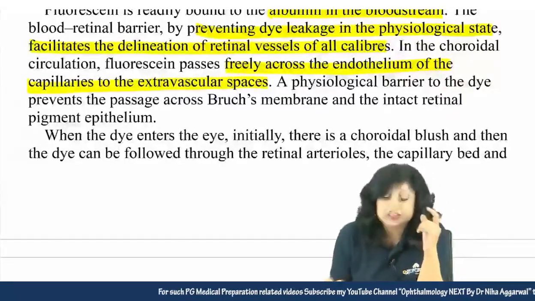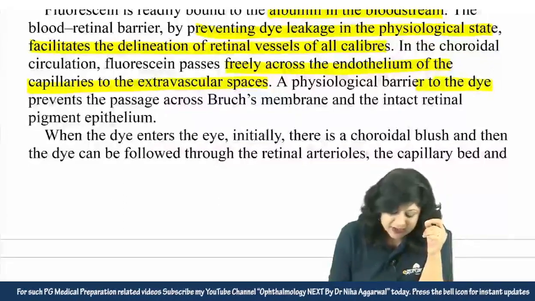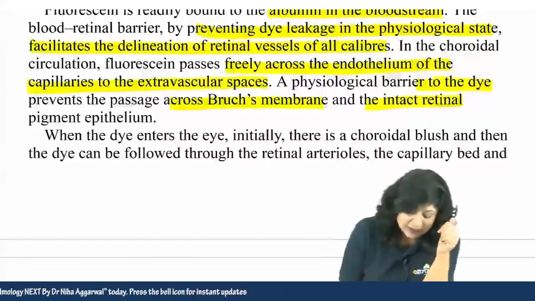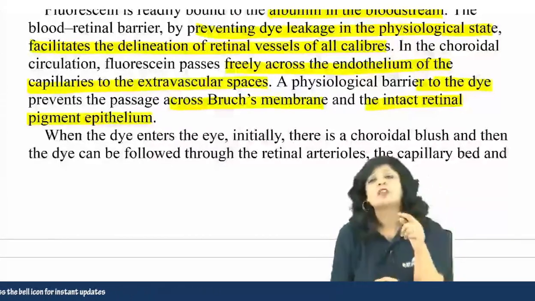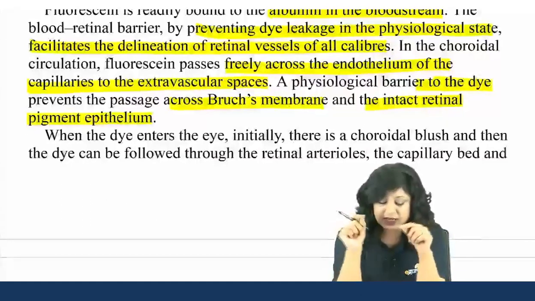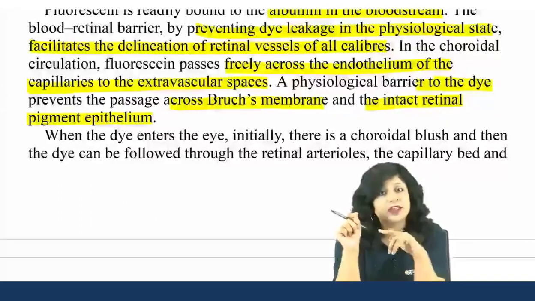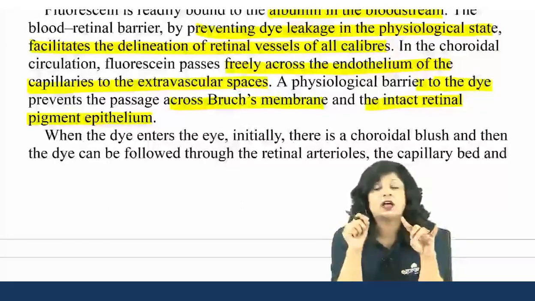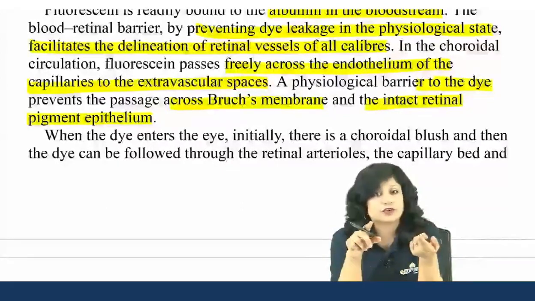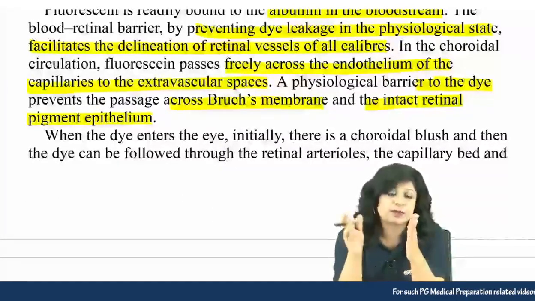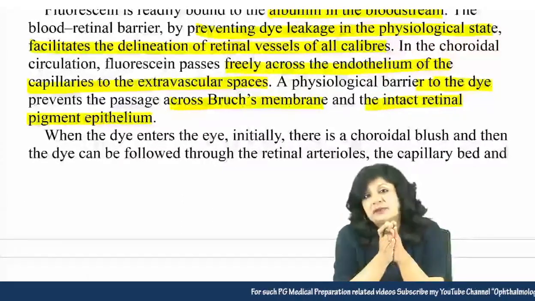A physiological barrier to the dye prevents the passage across the Bruch's membrane and the intact retinal pigment epithelium. So while it is passing through the choroid, first it passes freely across the endothelium and goes to the extravascular space, but beyond that it is not able to go because we have the Bruch's membrane and the tight junctions in the retinal pigment epithelium.